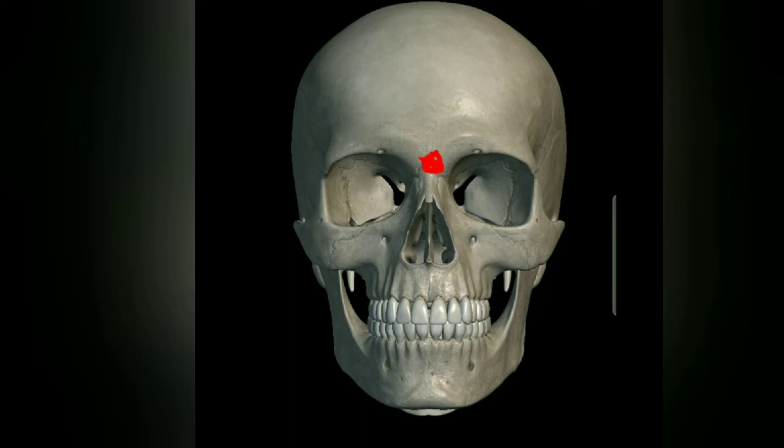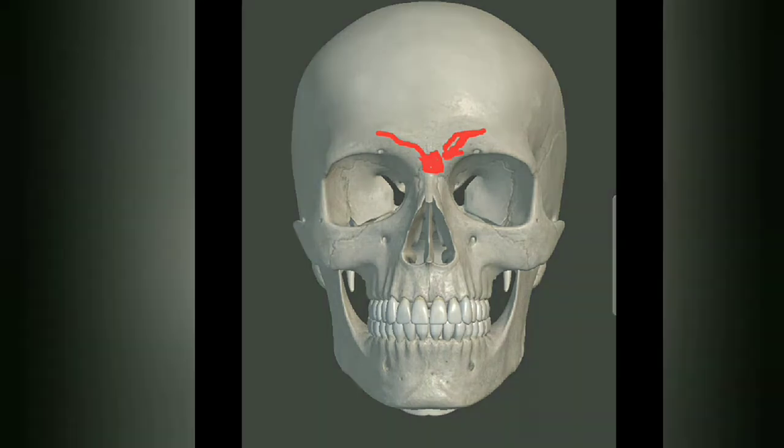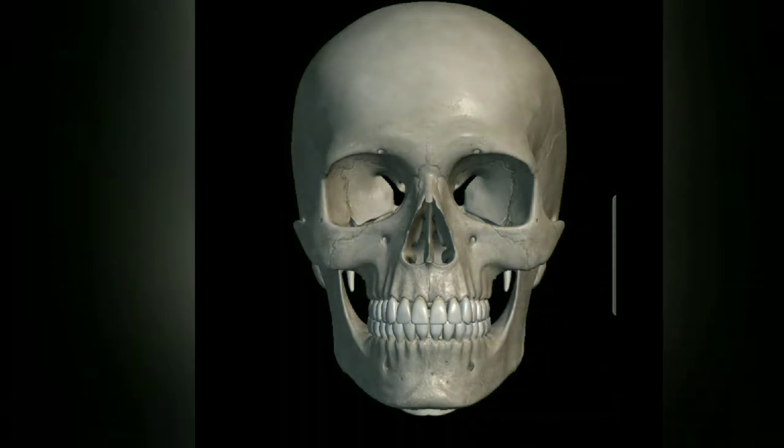And here is the meeting point of two superciliary arches which are coming medially at this point. Below the glabella, the skull recedes to the frontonasal suture at the root of the nose. See, this one is the frontonasal suture, and here is the point glabella.